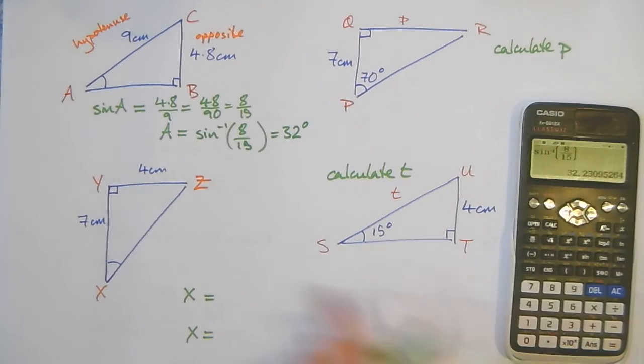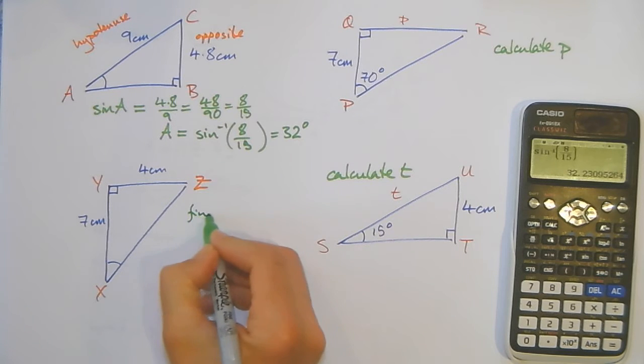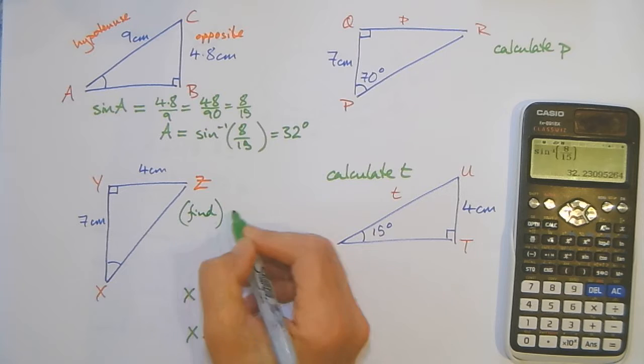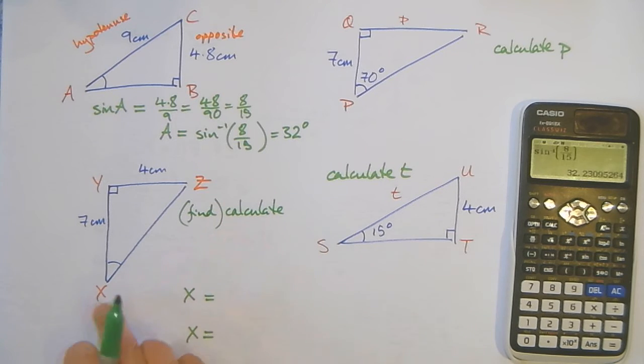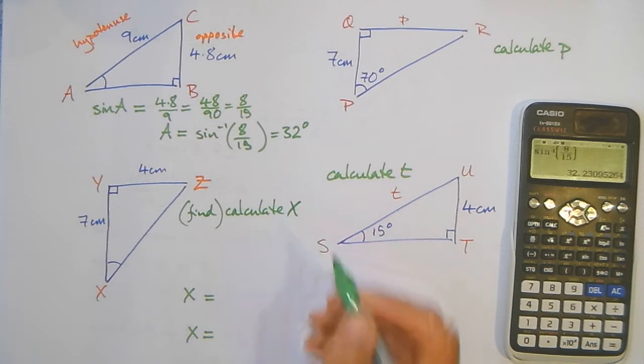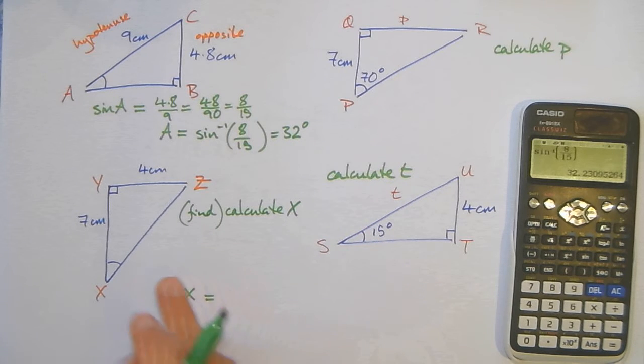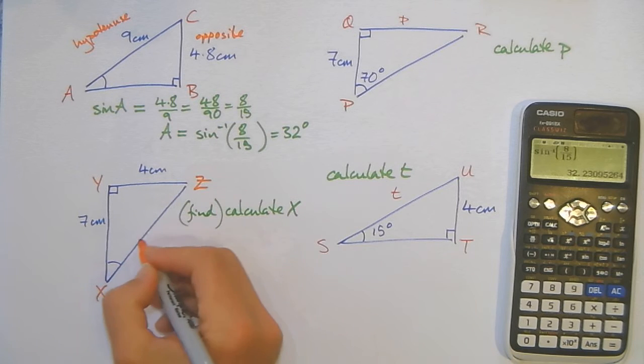Okay, so this next one then, if we wanted to find angle X here, if that's the question, was finding angle X, so perhaps I should say find, or perhaps calculate is better, because look, I can find X, it's just there. Calculate X. So what information have we been given? We haven't been told the hypotenuse.